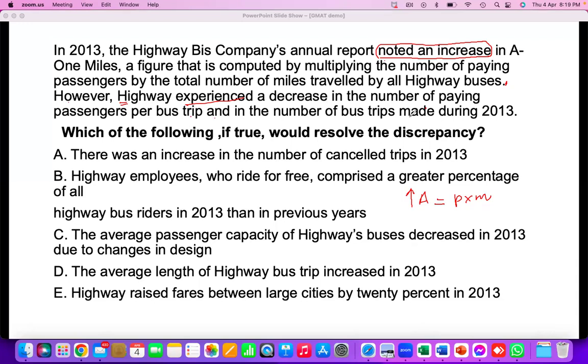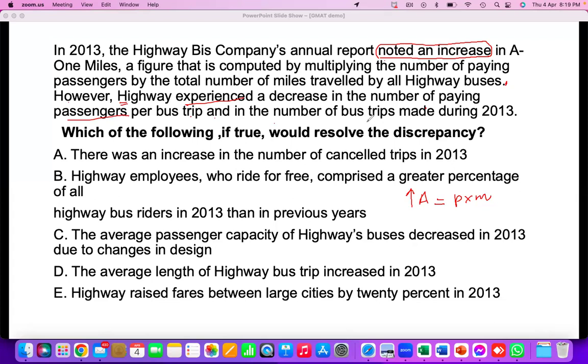Frequency has decreased. Total passengers decreased, because every trip has fewer passengers, and the number of trips has also decreased. It means the total number of passengers got decreased, right?